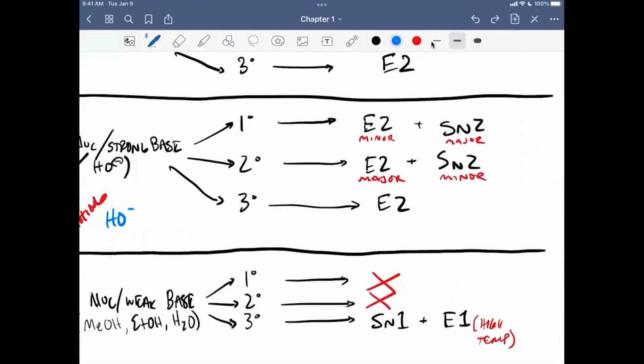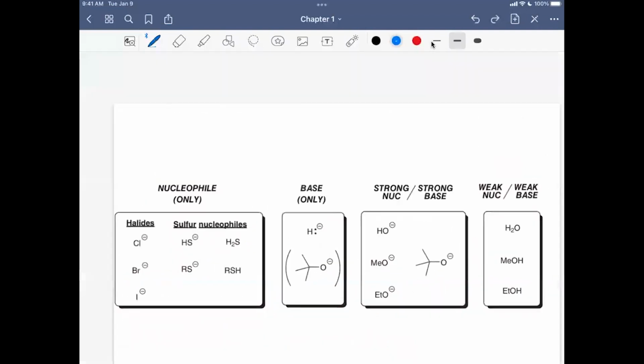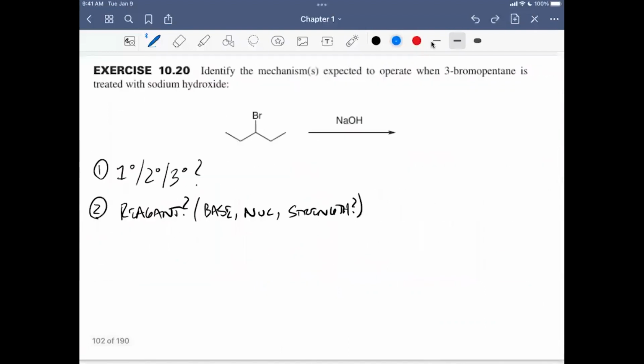And you'll see Sn1 and E1. It won't just be specified as major and minor. That's a really specific case, but that'll be an example as well. This is another depiction of the four types of things you'll get if you want that as well. So let's go into an exercise.